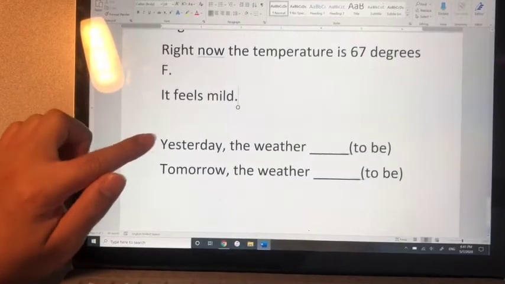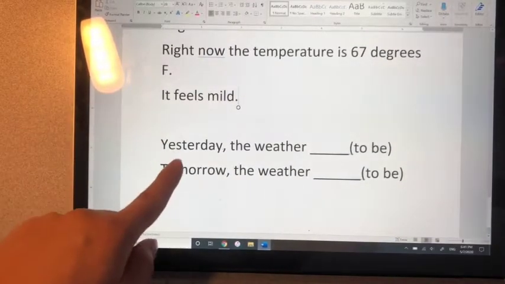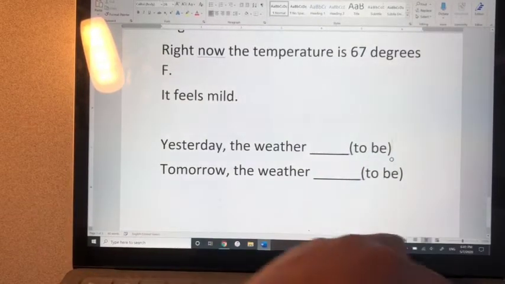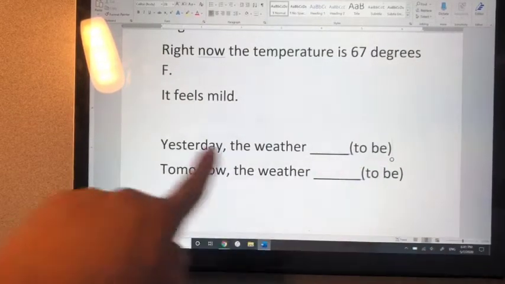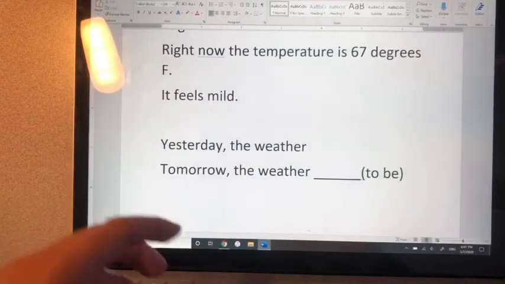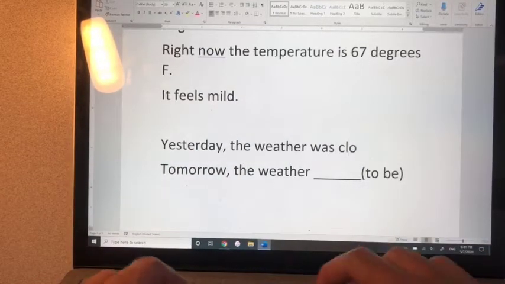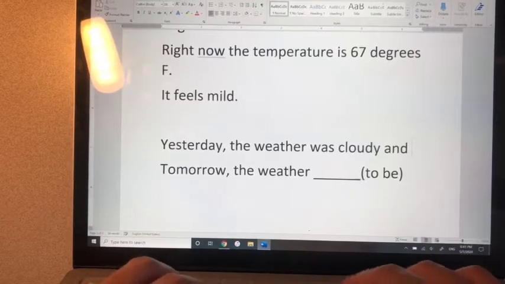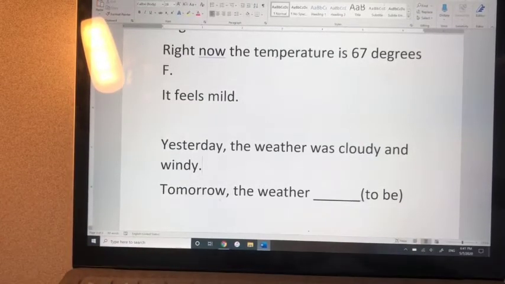Now let's talk about yesterday. Yesterday, when we use to be for yesterday, we use the past tense. So we say yesterday, the weather was cloudy. I'm going to say the weather was cloudy and windy because it was cloudy and windy yesterday.